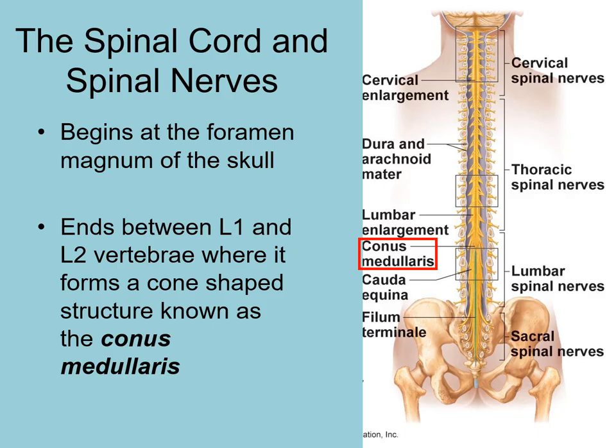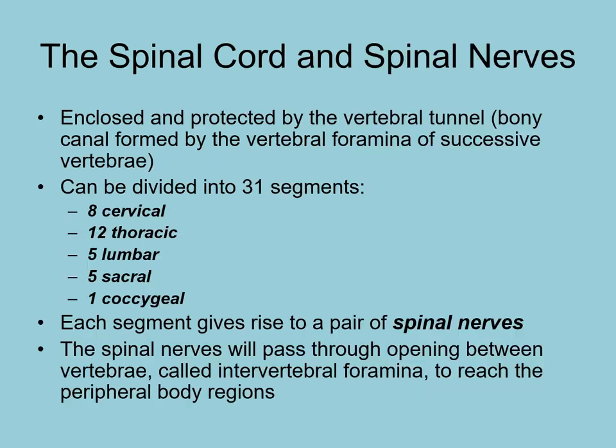The spinal cord extends down to about the L1 to L2 vertebrae, where it's going to form kind of a cone-like structure that's known as the conus medullaris. Now you have spinal nerves that will extend below that, but the spinal cord itself will extend to the L1, L2 vertebrae. So if you do a spinal tap, you're going to go below that so you do not hit the spinal cord.